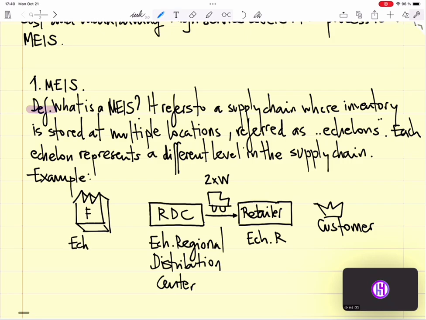The factory delivers per truck every day.